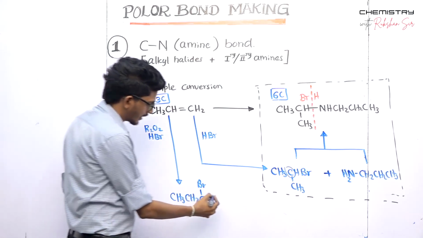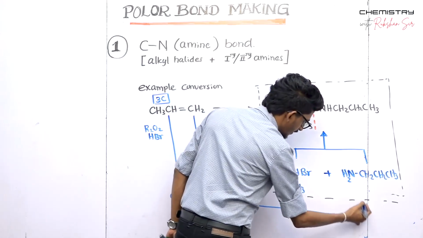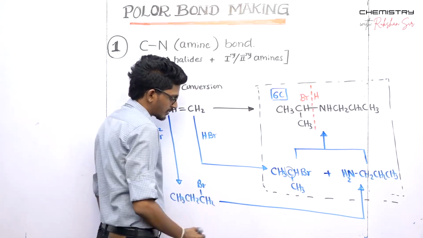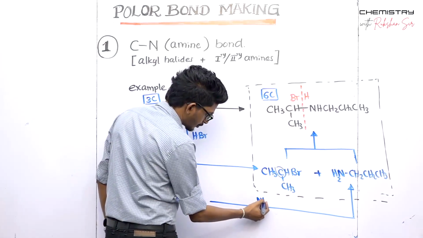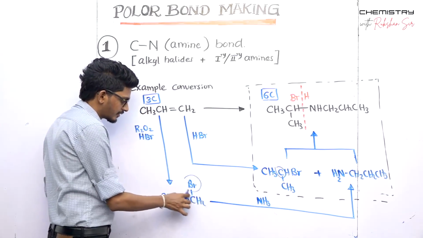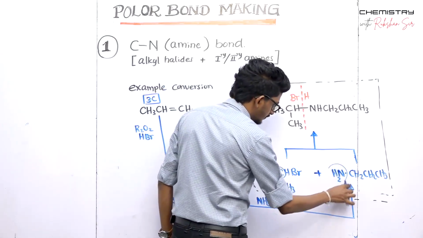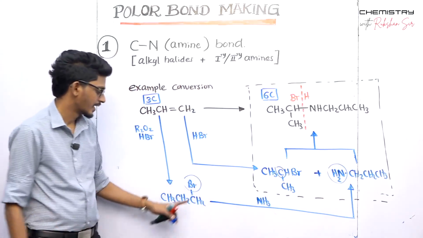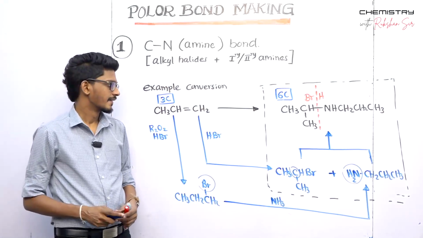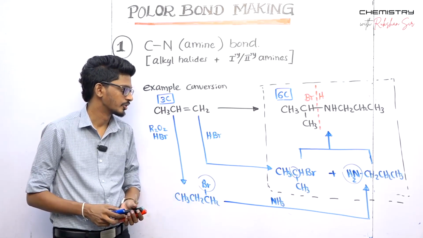Then you can complete it by adding some NH3 to your Br, right? Adding NH3 will convert this Br to NH2 at the corner carbon. No worries, no? So this is how we are supposed to do the conversion.